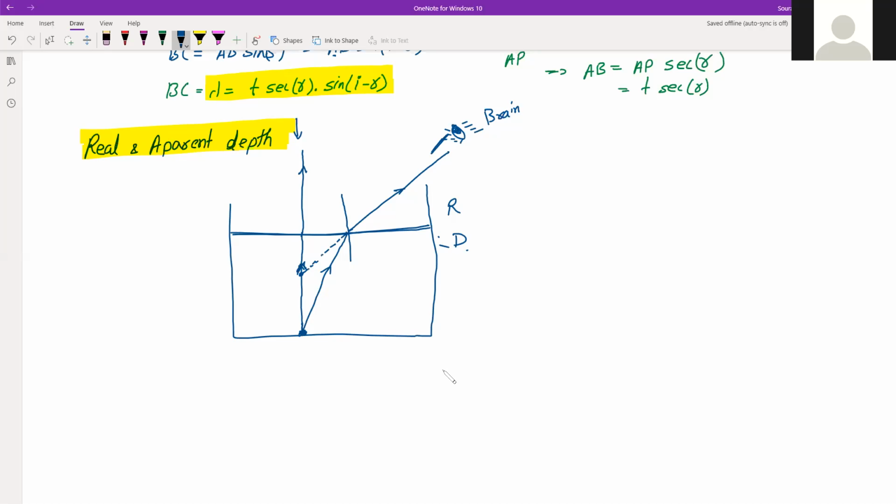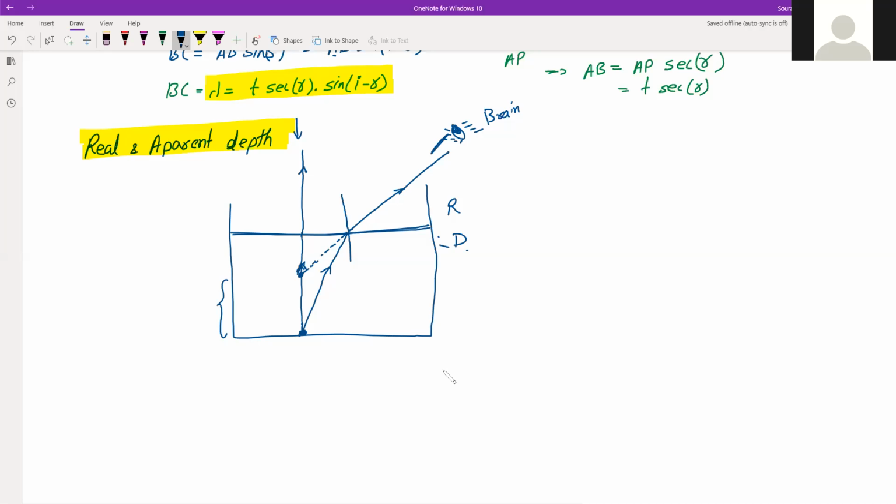So this is the point where your eye assumes the object to be situated. Now this is called apparent shift, or the depth which you see is different from the actual depth of that particular object. But this can be seen only if you are at an angle with the normal.